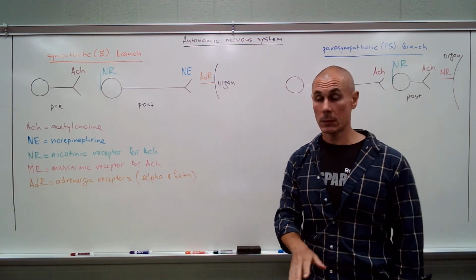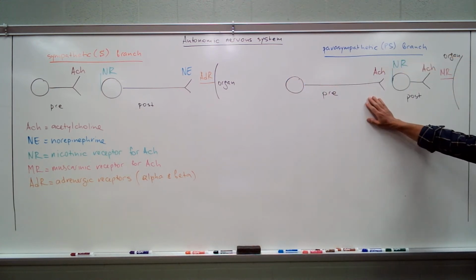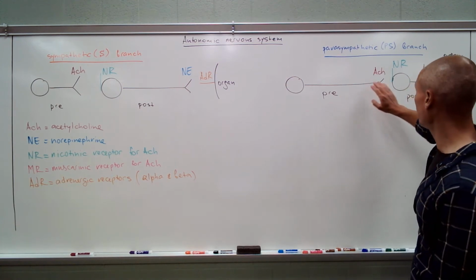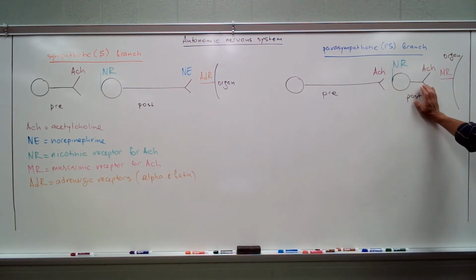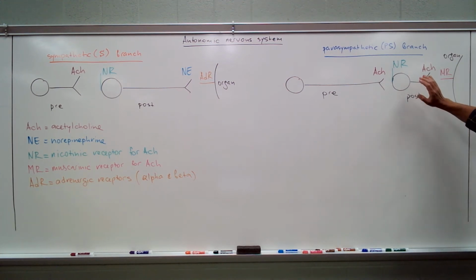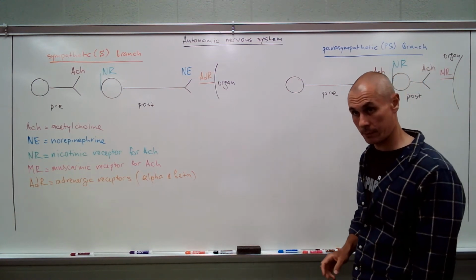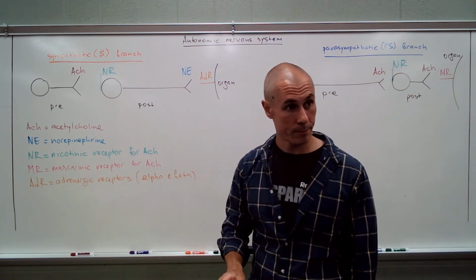We good? In parasympathetic branch, preganglionic fiber releases acetylcholine, which binds to nicotinic receptor on postganglionic. And postganglionic fiber also releases acetylcholine, which binds to muscarinic receptor. Okay? Good?